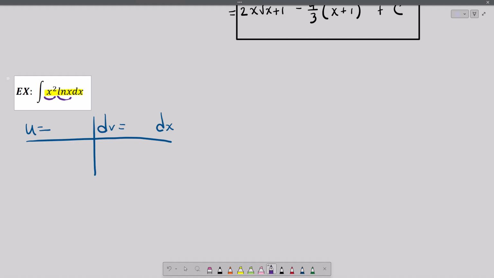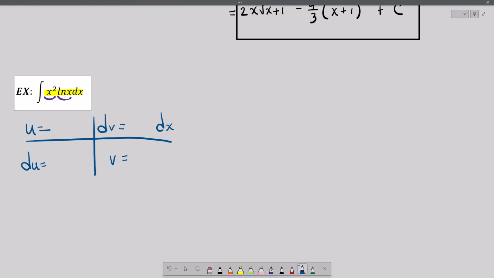Because in order for us to get to v, we need to integrate both sides of this. In order to get to du, we differentiate both sides of that u. And differentiation's easy. We can differentiate anything if we know our rules. Integration, though, we can't integrate everything.